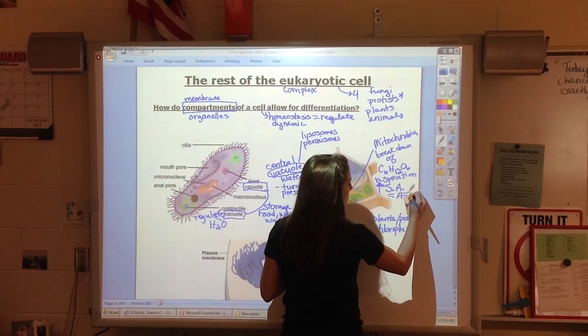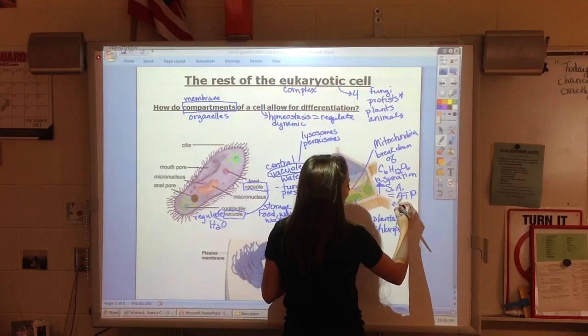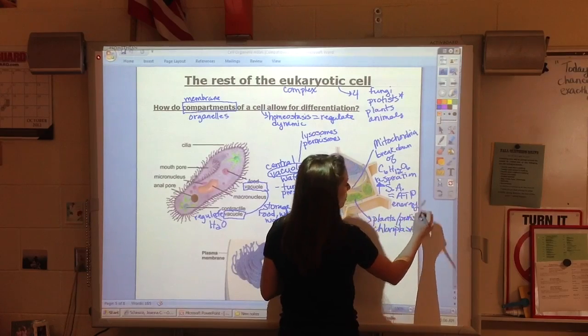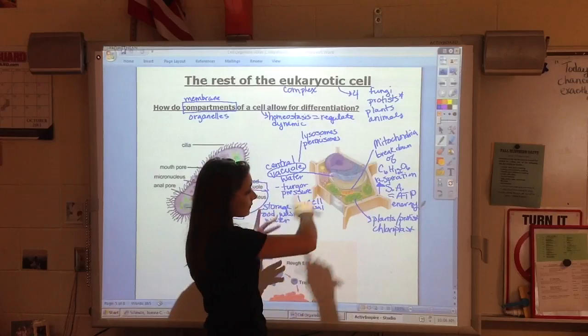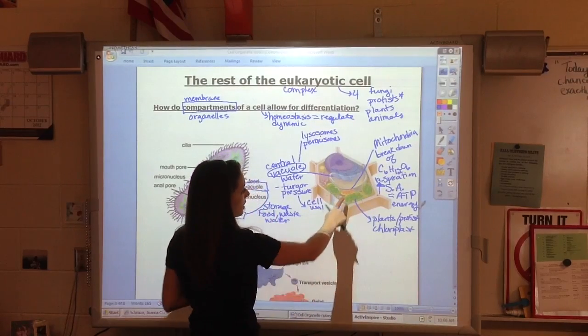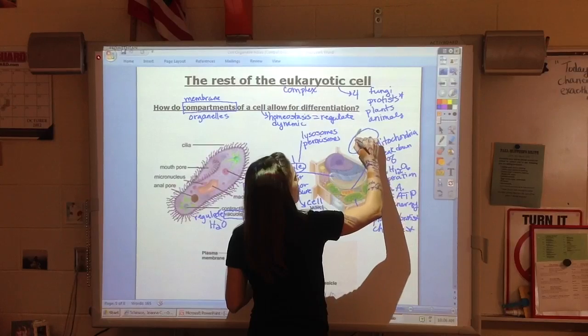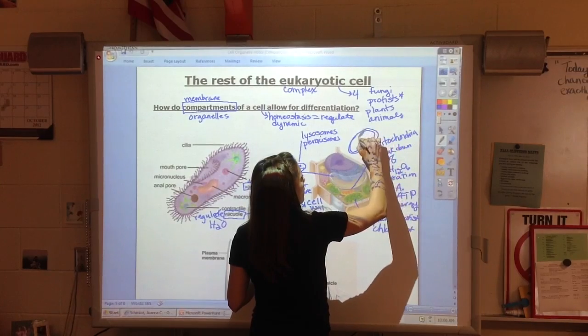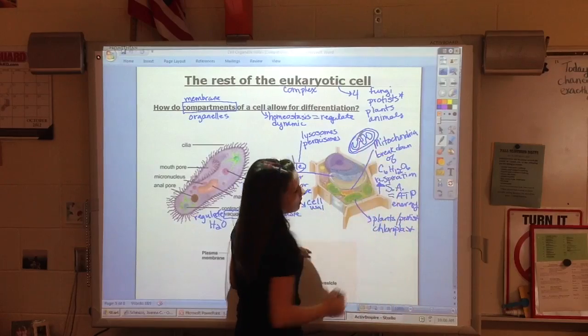And ATP is our energy source. So the mitochondria, lots of folds of the membrane. It might be hard to see on this diagram, so I'll draw it again here. We've got this double membrane that is going to actually fold in on itself.